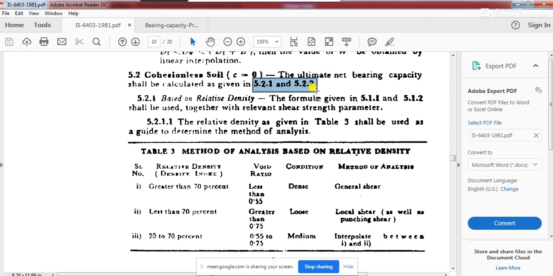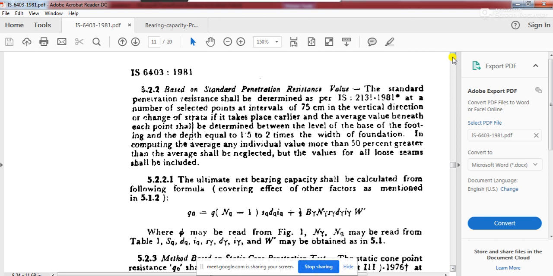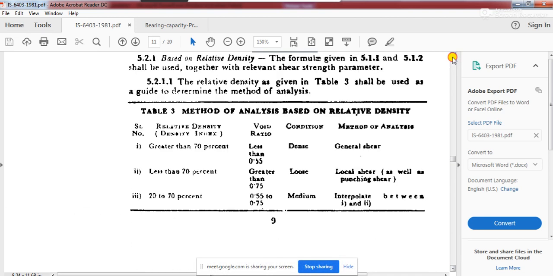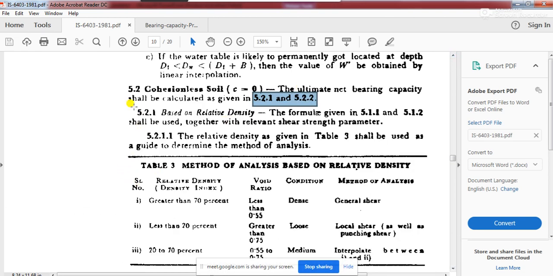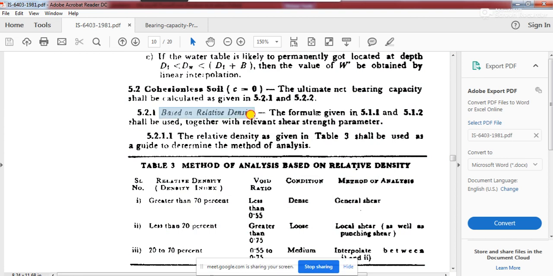Please understand, whatever we have discussed, that is 5.2.1 and 5.2.2. 5.2.1 is basically based on the relative density of soil. Based on relative density, you can decide on general shear failure, local shear failure, or interpolation between general and local shear failure.